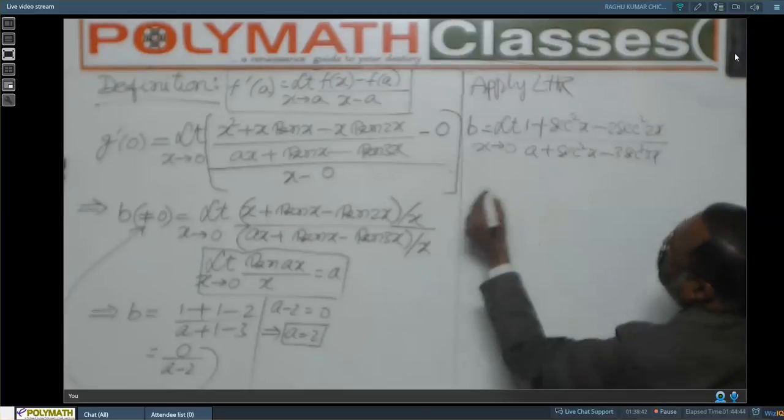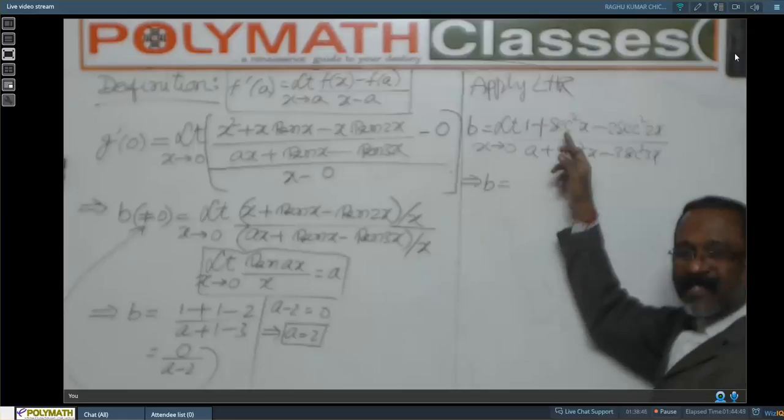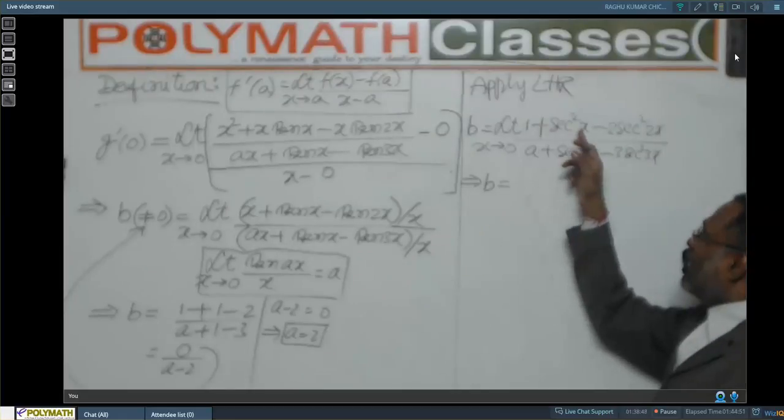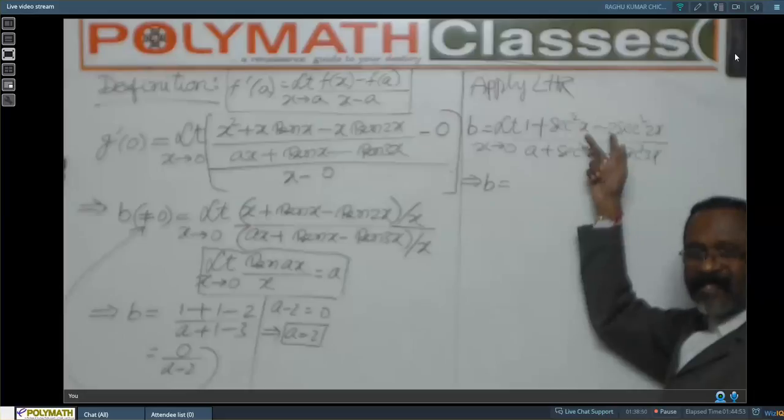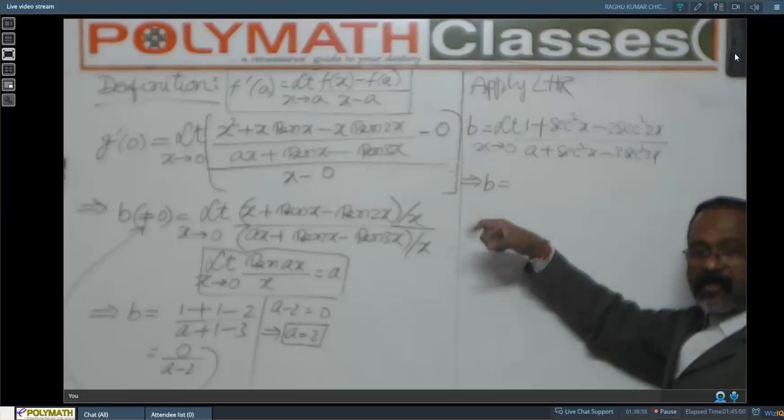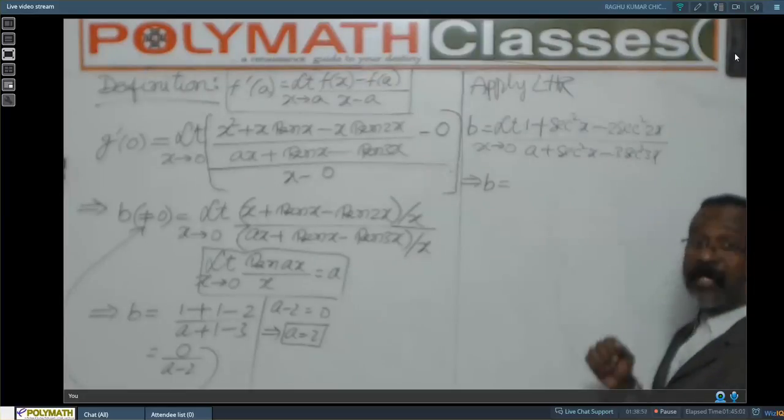So b is equal to, if you substitute the limit again, 1 plus 1 minus 2, which is 0 again. But our limit must be non-zero there, so you have to differentiate again.